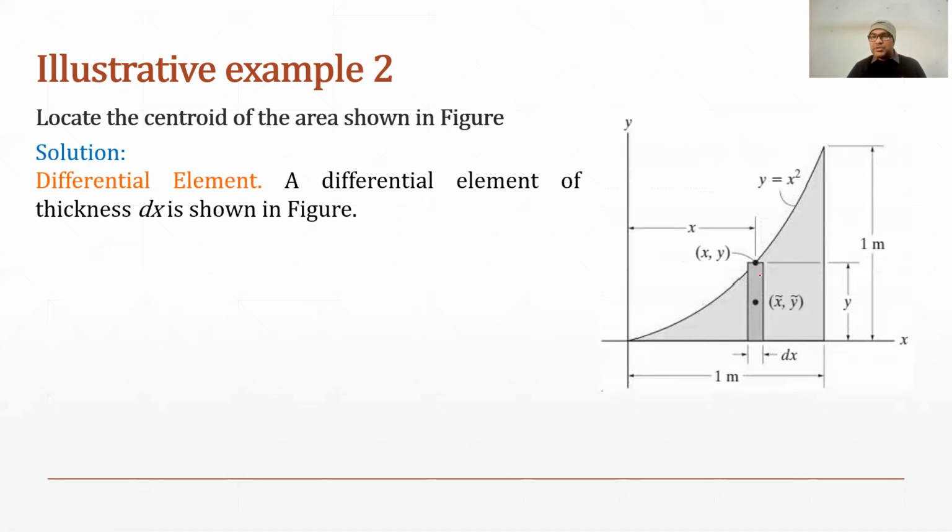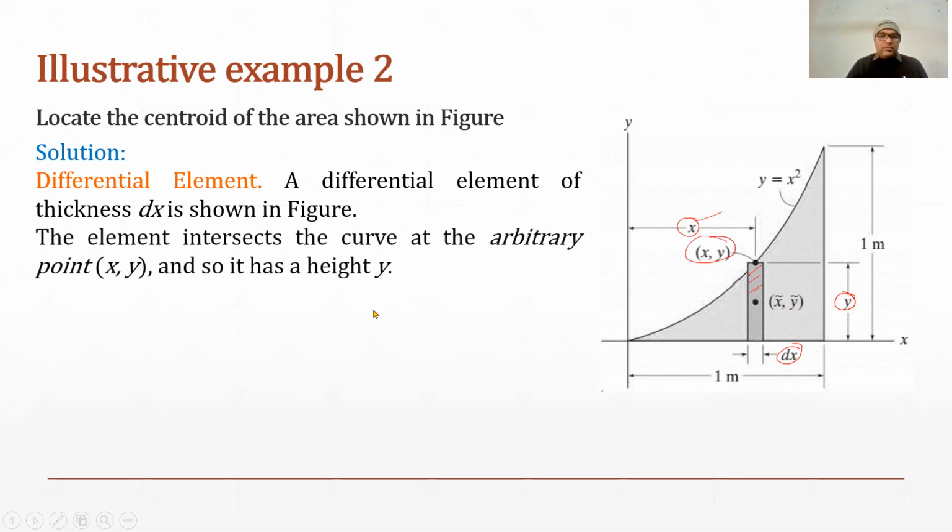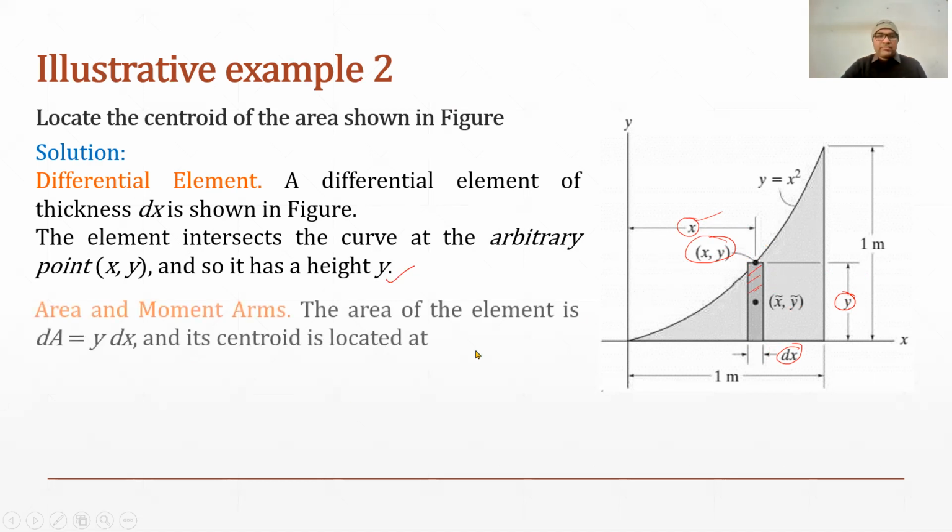Here we have chosen this differential element, and the thickness of this differential element is dx, the height is y, and the horizontal distance of this strip from the y-axis is x. This strip is at an arbitrary point having the coordinates x and y.